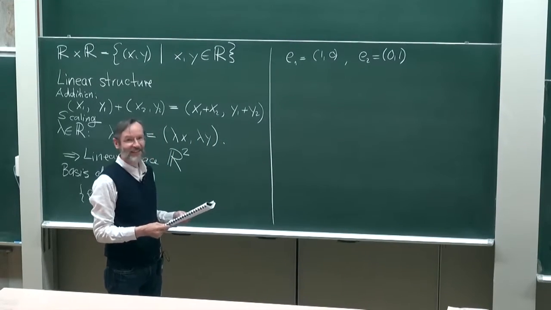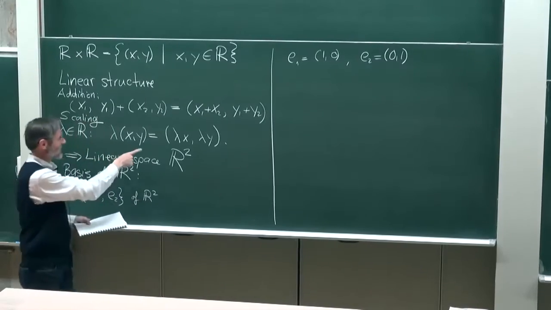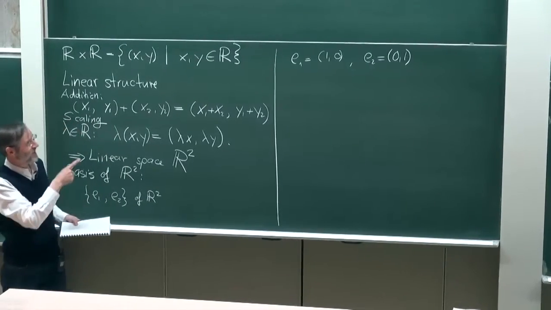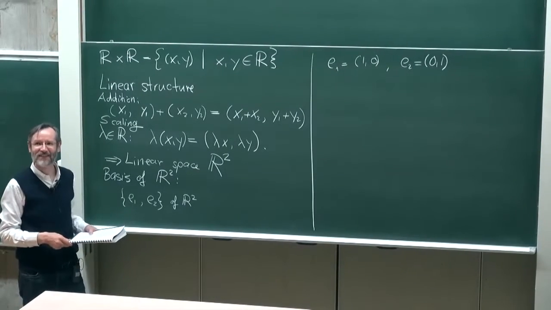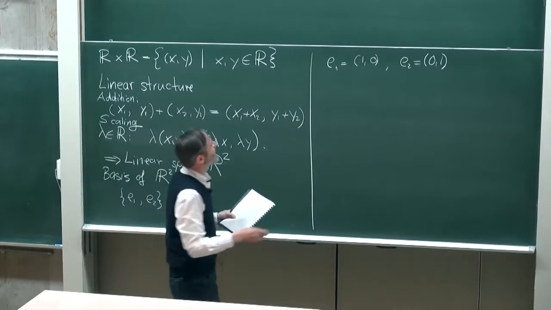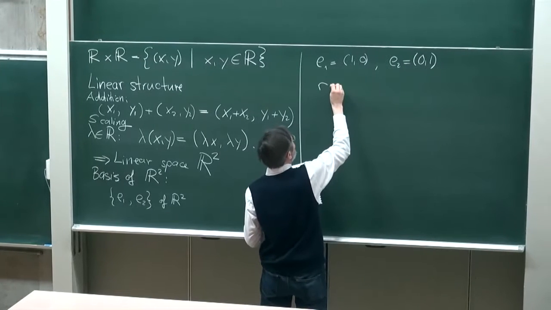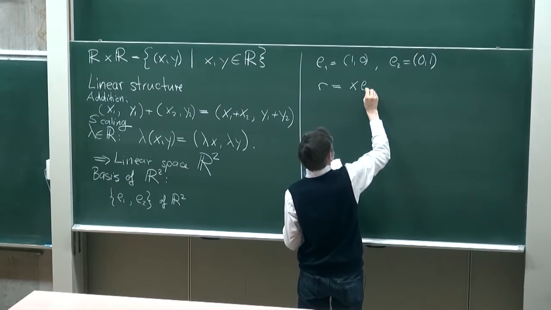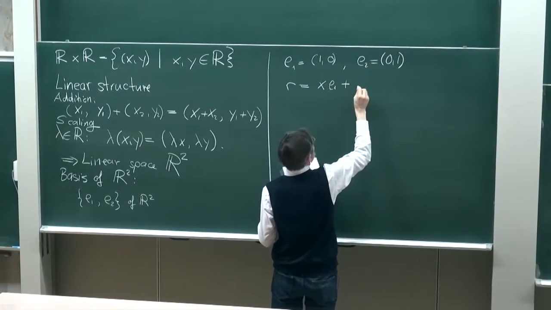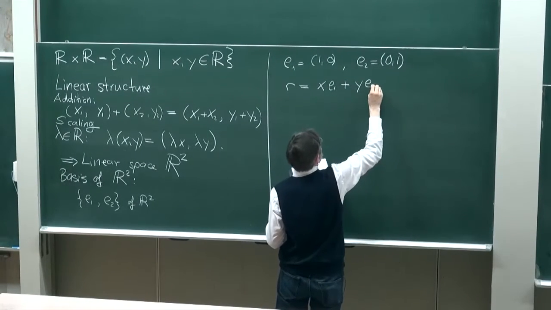And then any pair of real numbers x, y can be written easily with the help of E1 and E2 as r equals x times E1 plus y times E2.